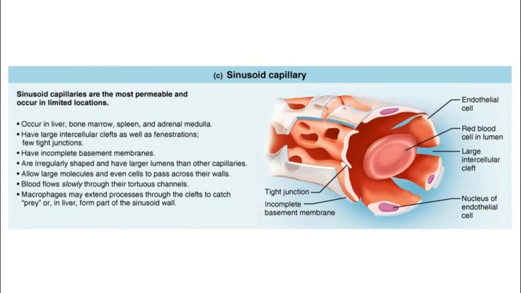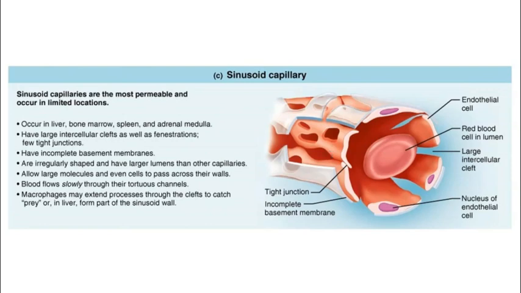They have very large holes, or very large openings in them, so that fluids can leave the bloodstream very easily and enter those hepatocytes, where the hepatocytes will cleanse them. So we see that very large molecules and even some cells are allowed to pass through their walls. Red blood cells typically are too large to get through into the liver, so they don't plug up any of the vascularization of the liver.